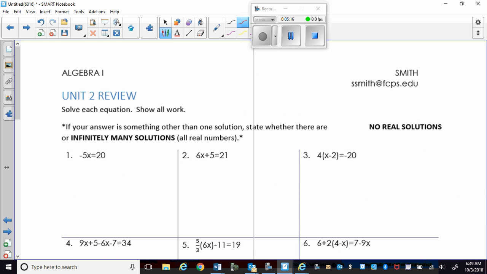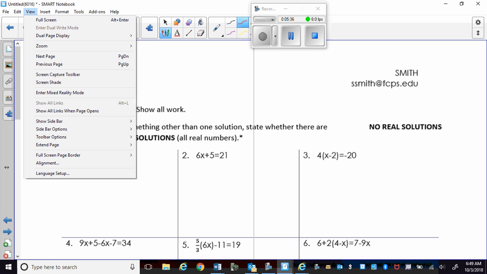So going back to where we're supposed to be, it's Unit 2. For the first part, it says solve each equation, show all the work, and if your answer is something other than one solution, state whether there are infinitely many solutions or no real solutions.